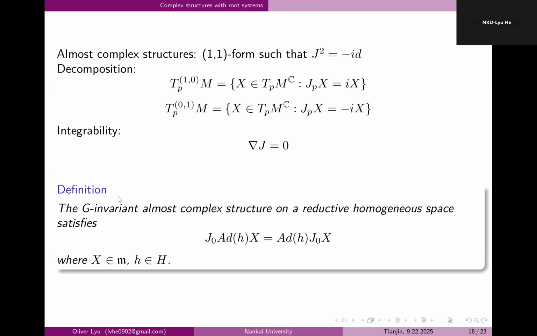We make a definition to bring it into our homogeneous setting. The G invariant almost complex structure on a reductive homogeneous space is just an almost complex structure that commutes with the adjoint action of H.